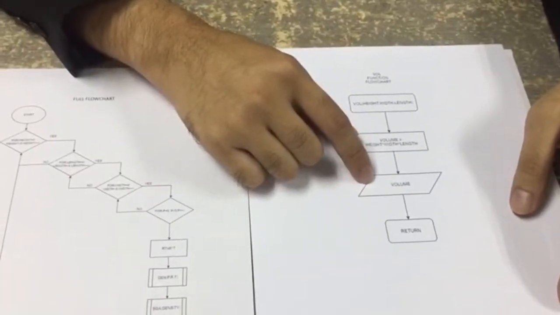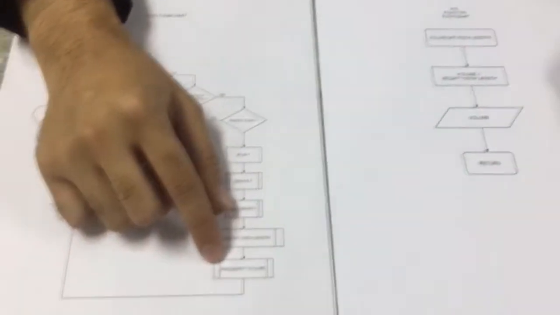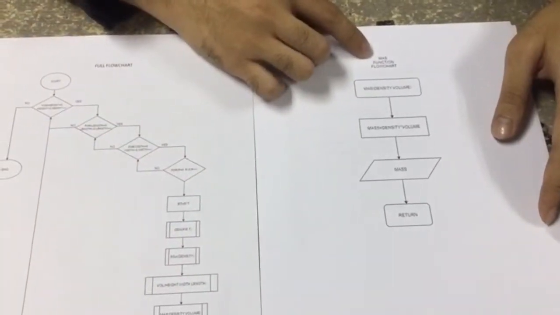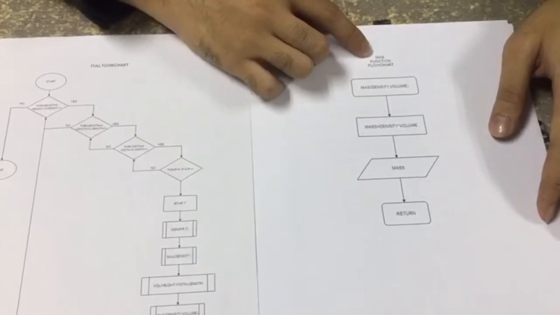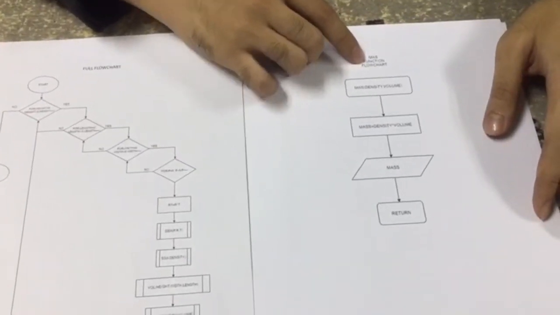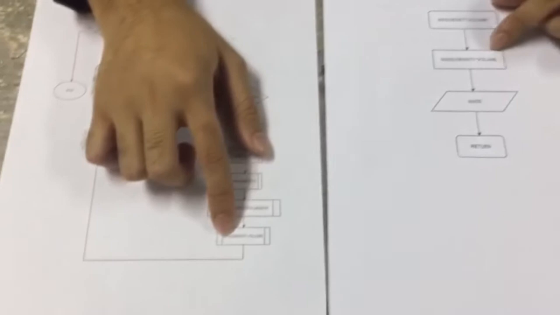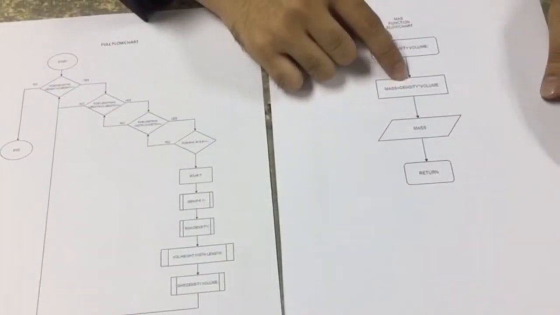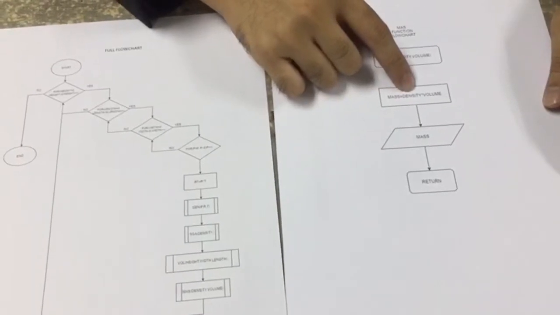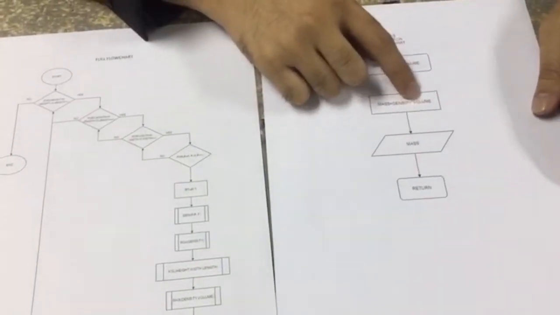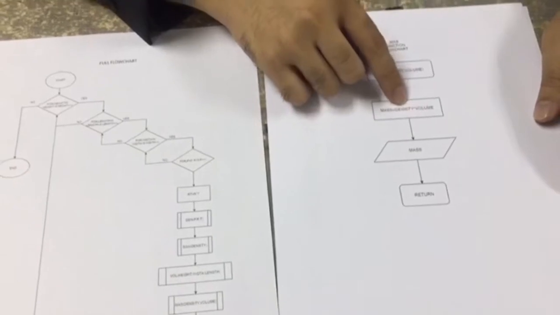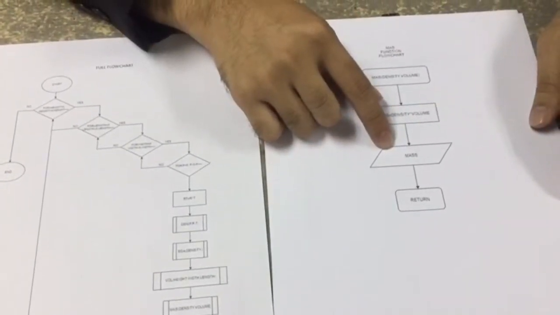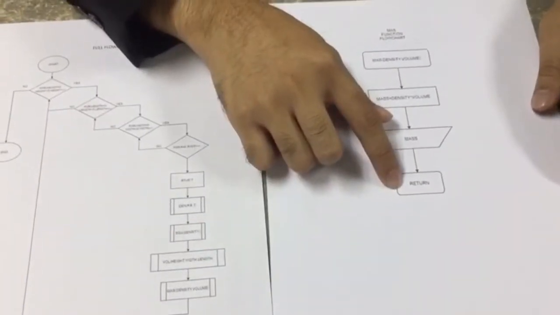After that, we calculate the mass. This is the last one, the mass function flowchart. The formula is density times volume. Since volume has been calculated, we just multiply by density. We get the answer for mass, and we get the answer for this project.